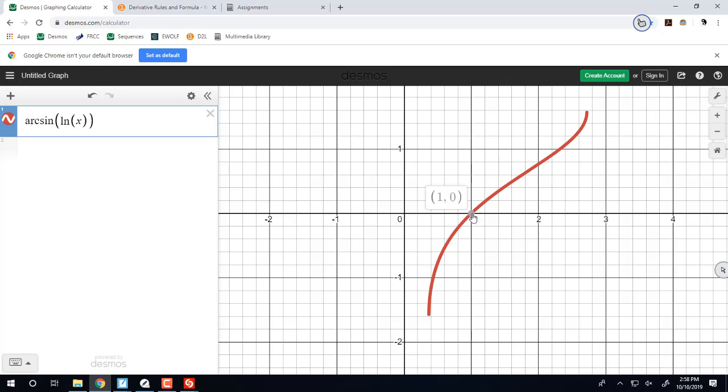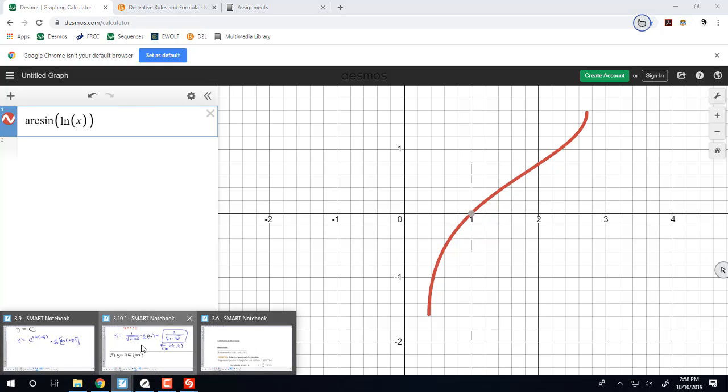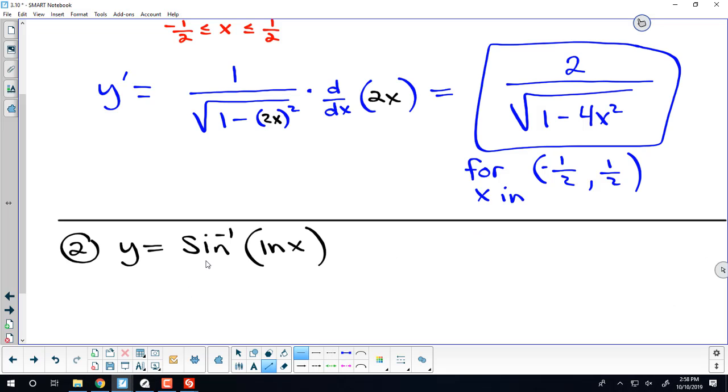I said it's probably not right. x times the square root of 1 minus x squared. That's what I got, and it makes sense when you saw this. No, I was just making sure.